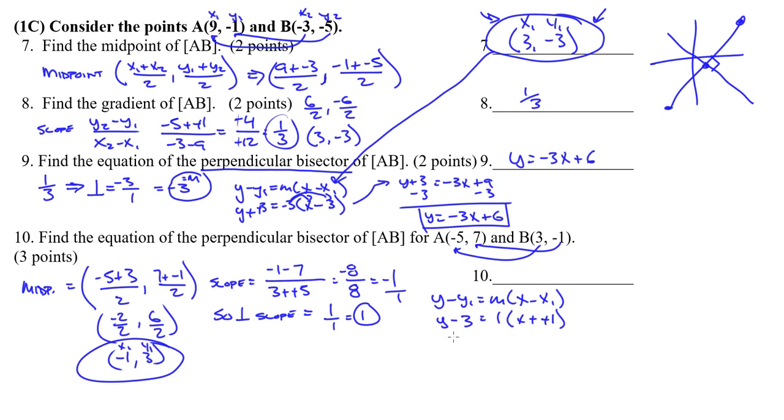And we solve. y minus 3. Distribute that 1 through, and it's just x plus 1. Add 3 to both sides, and we get y equals x plus 4. y equals x plus 4. All right? We're doing okay for those that are watching. Again, if I'm going too fast, just ask me to slow down, and I will.